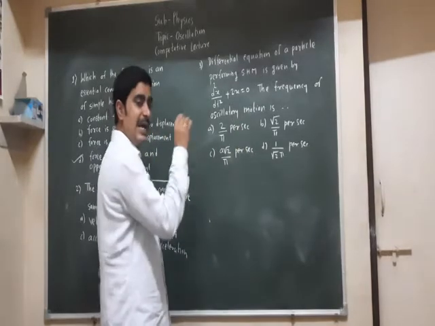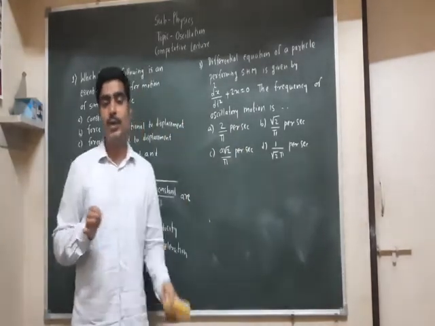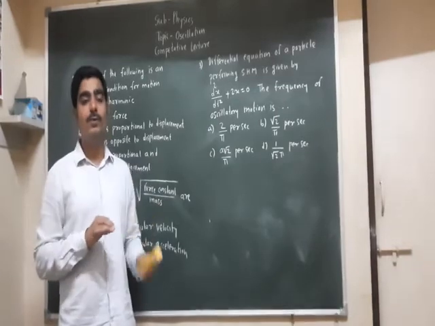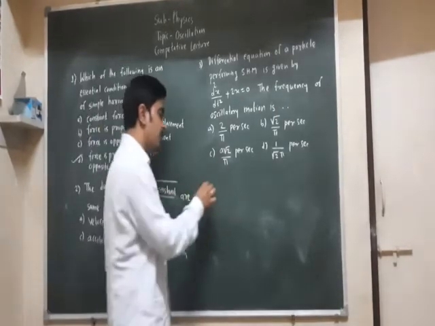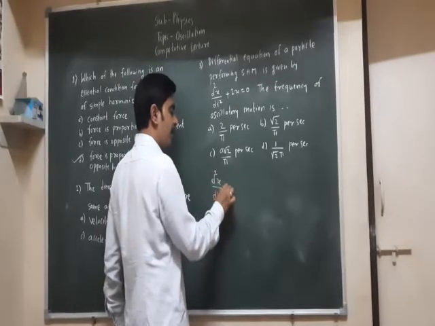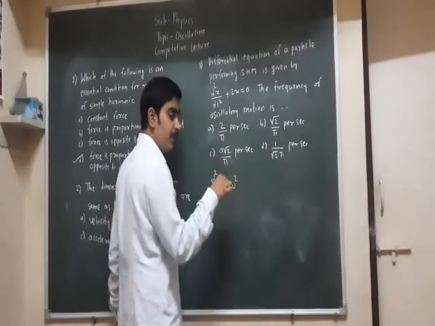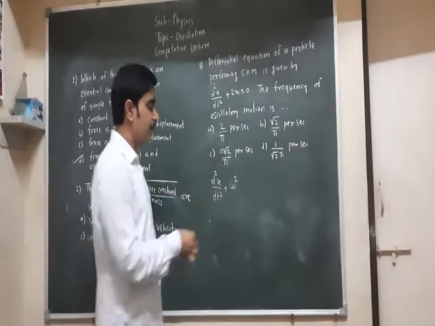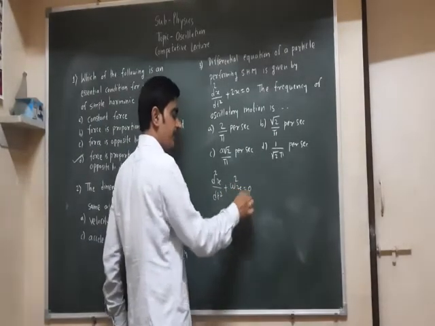Okay, so friends, as this is a differential equation, we should know the standard formula of the differential equation. We know the formula d2x upon dt square plus k upon m into x is equal to 0, and that is d2x upon dt square plus omega square x is equal to 0. That is the modified formula.